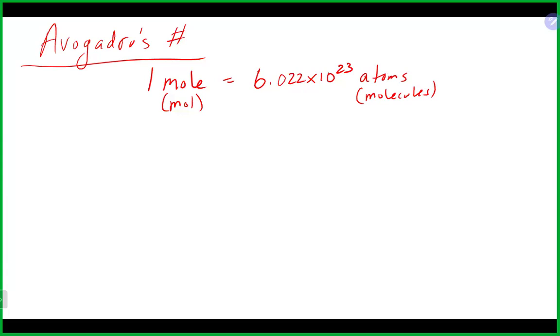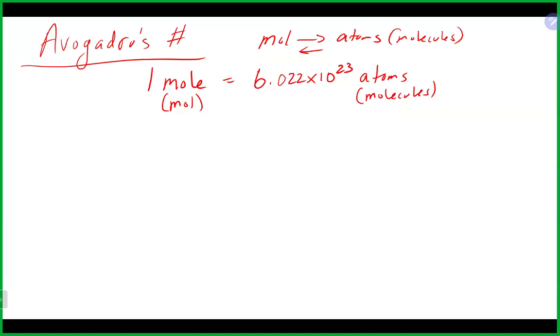And really, this is just a conversion factor that allows you to convert between moles and atoms or molecules and backwards. So that's also how you know that you maybe need to use it, is somewhere in the problem they mention something about atoms or molecules.